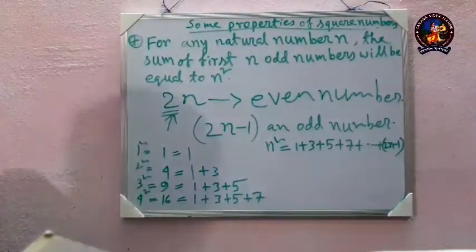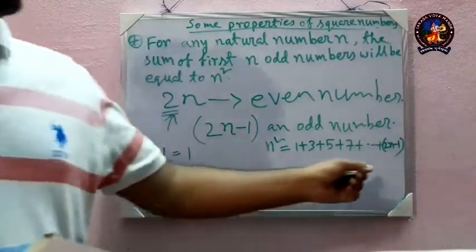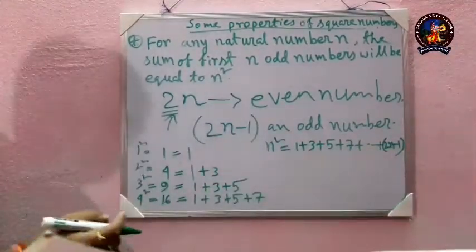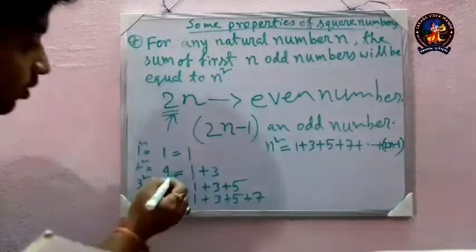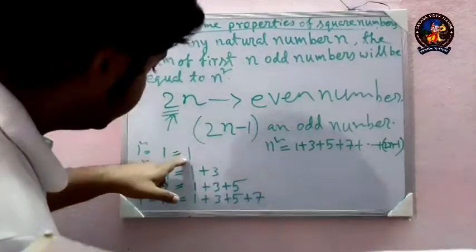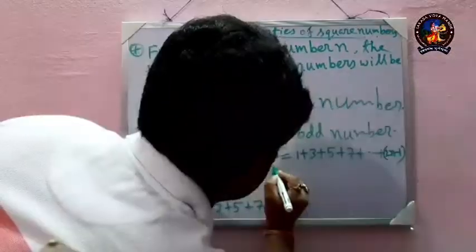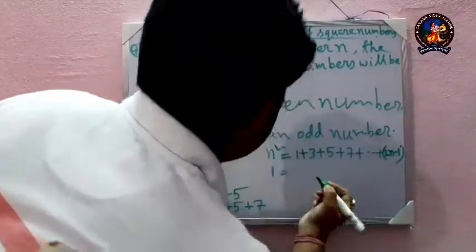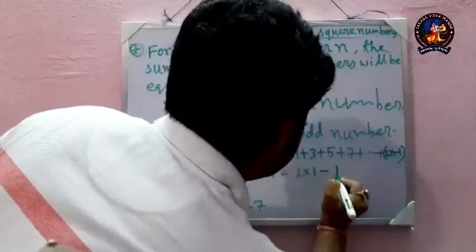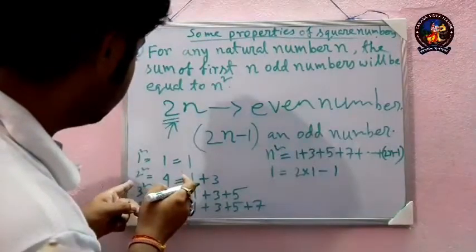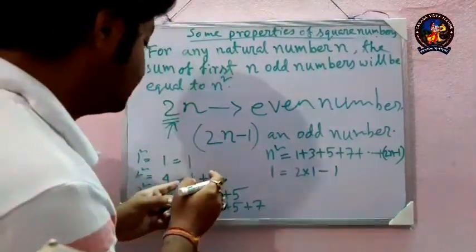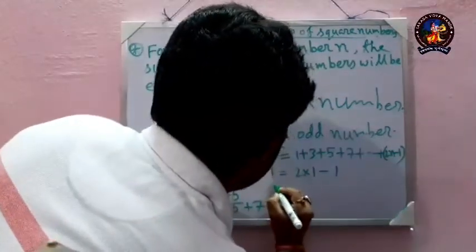Here some students may ask why I have taken this as 2n minus 1. For understanding that, look at the last numbers of these lines. Here it is 1. I can write 1 in the format 2 into 1 minus 1. When I am taking the first two odd numbers as their sum, the last number is 3.